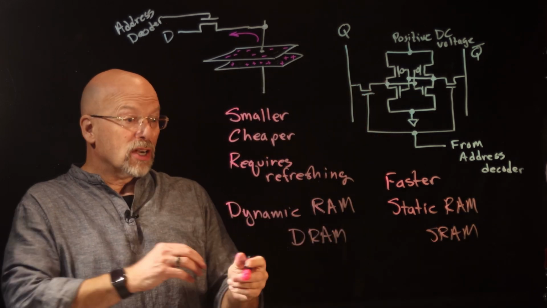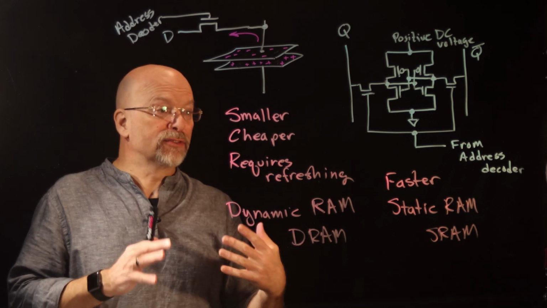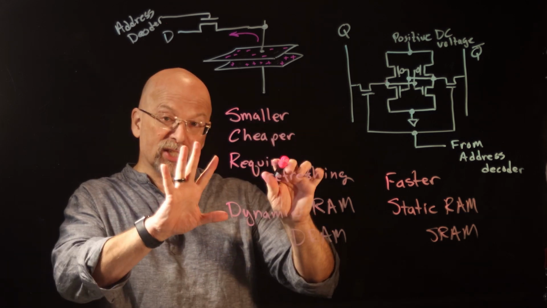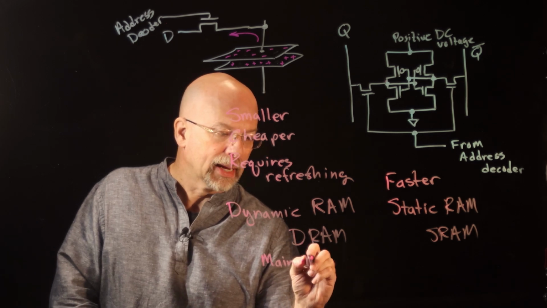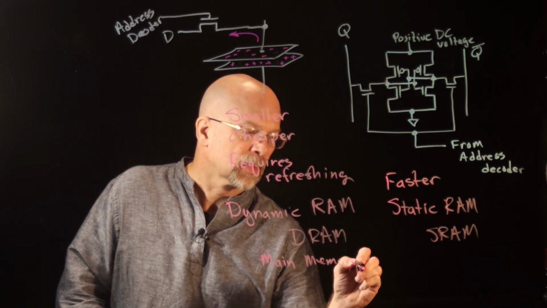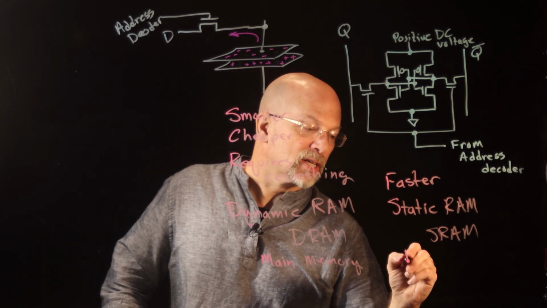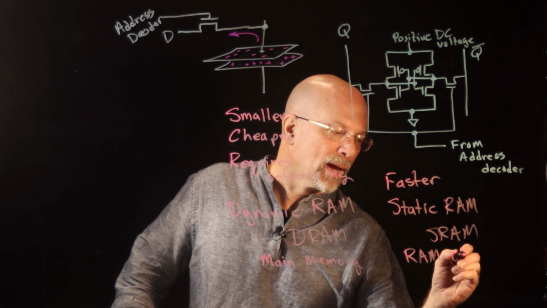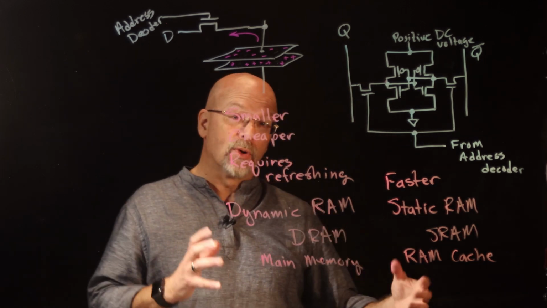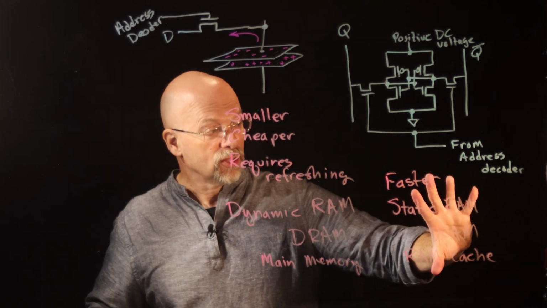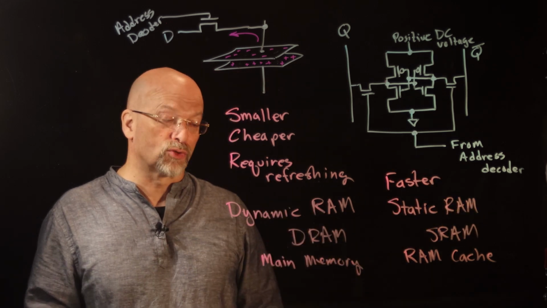And like we talked about with the memory hierarchy, they have different applications. This guy right here is typically used for your main memory. This guy right here is typically used for your cache. The more expensive, smaller memory that's closer to the processor usually uses static SRAM.